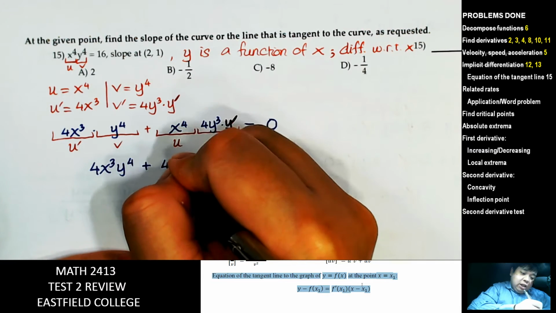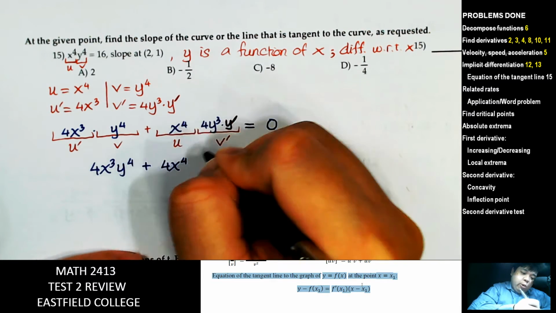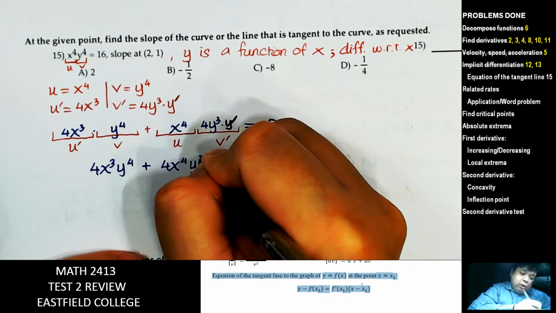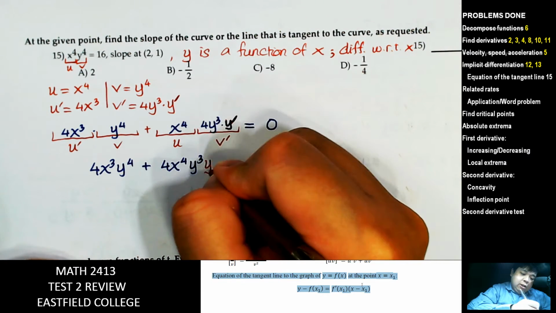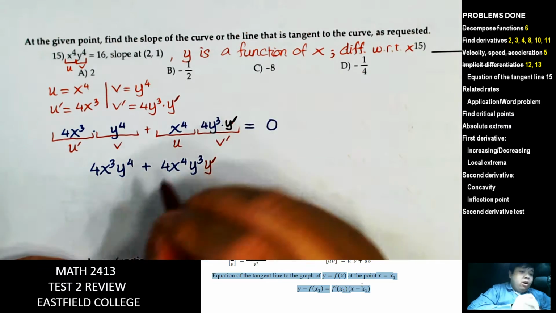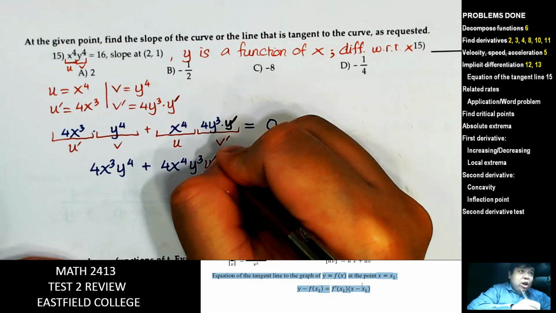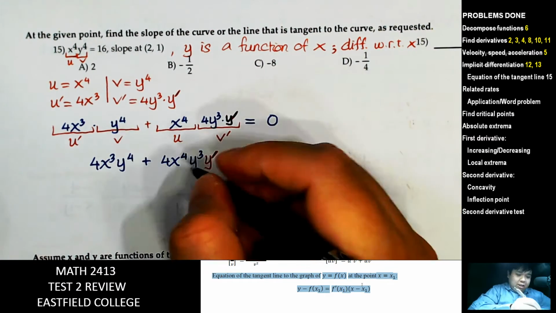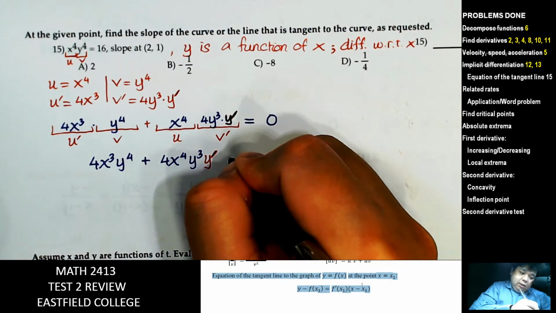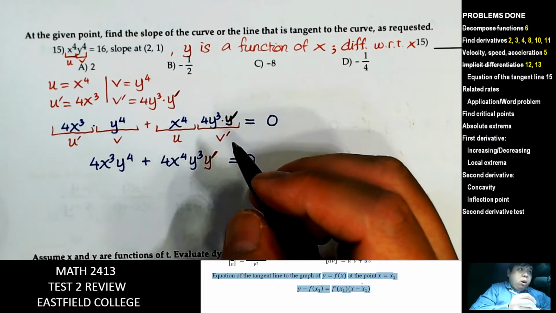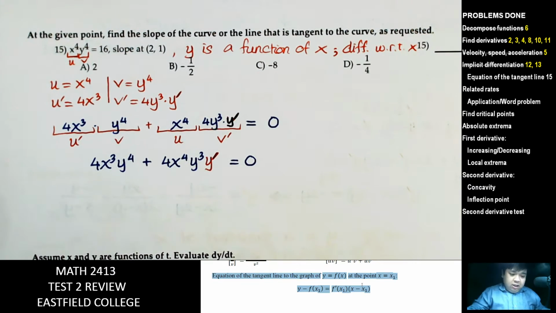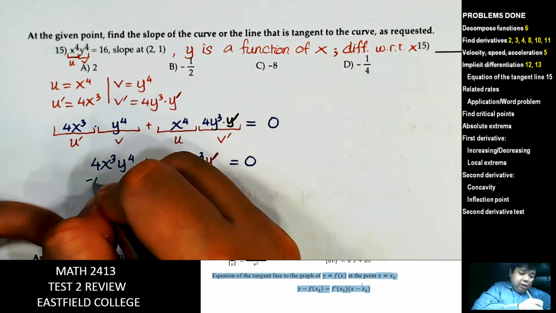So that will be 4x cubed, 4x to the fourth, y cubed, and that will be y prime. y is a function of x, so we use the chain rule, always have this. Now we'll get the y prime by itself, move this to the other side.